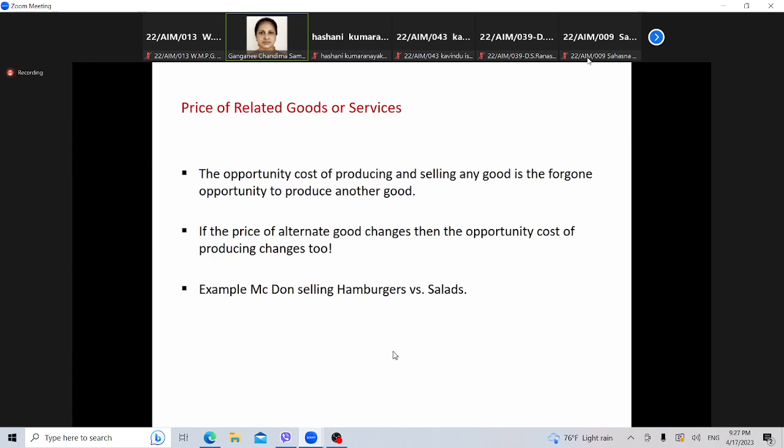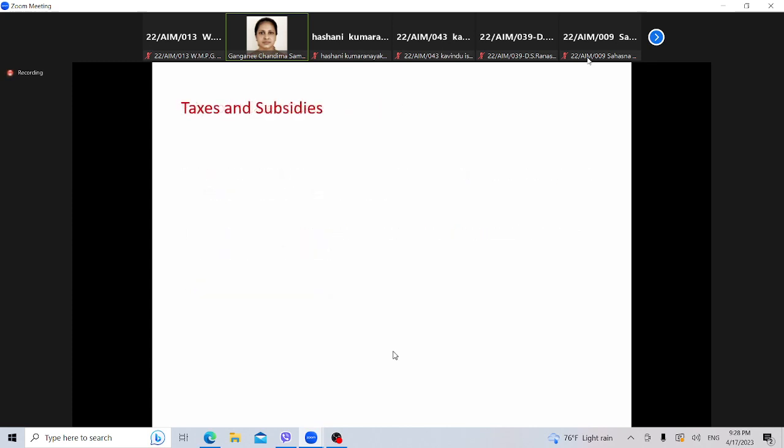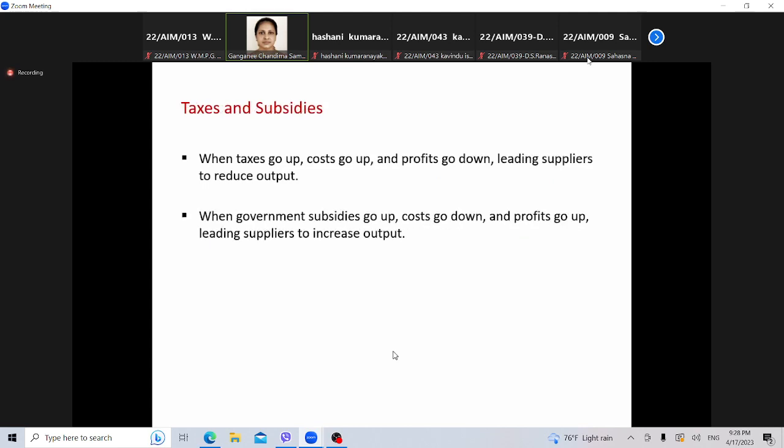If the price of an alternative good changes, then the opportunity cost of producing that good also changes. Okay? So normally, McDonald's selling hamburgers versus salads. Both get high consumer demand because they are producing more and more, and selling quantities are high.